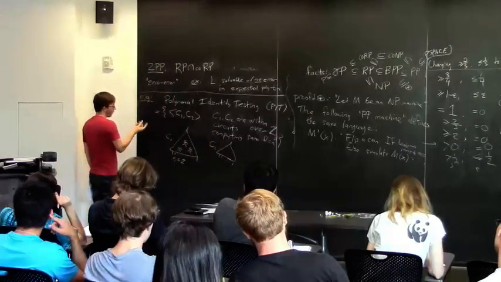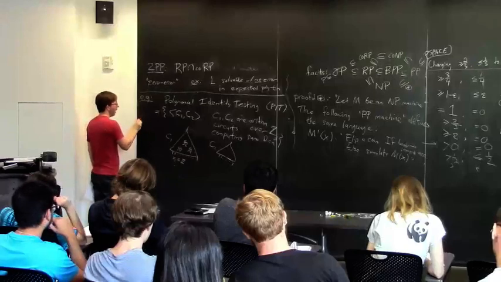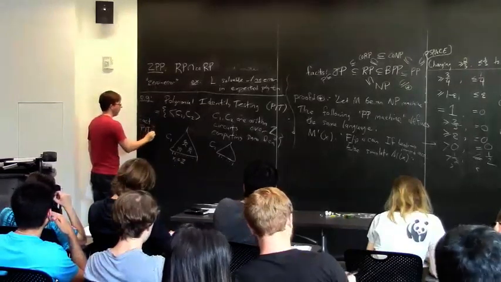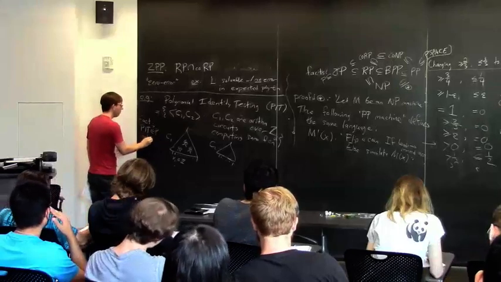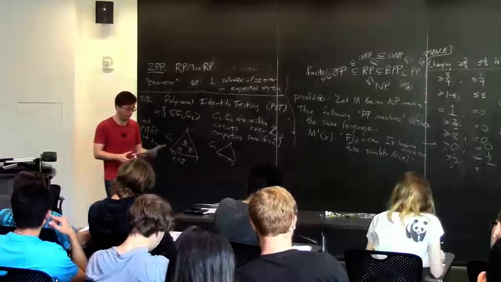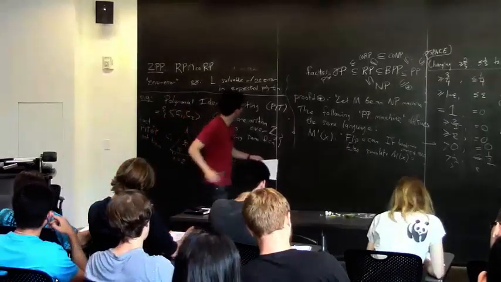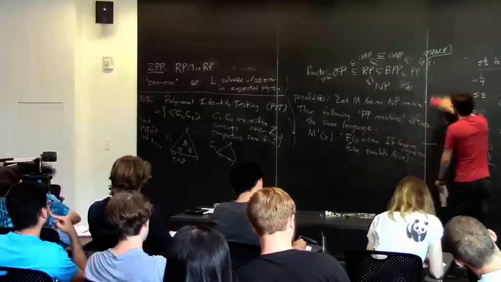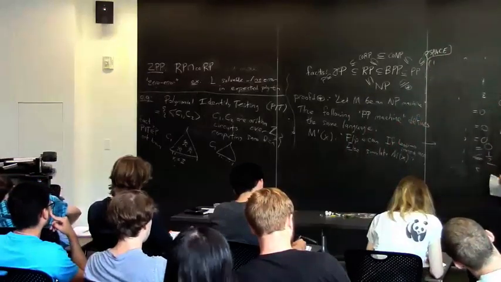And as we'll see, this problem is in BPP. But on the other hand, it's not known to be in P. Nobody knows how to solve this problem in polynomial time. But you can solve it in probabilistic polynomial time.